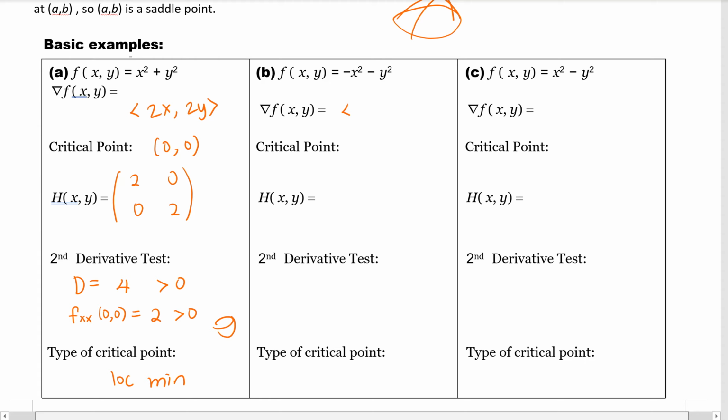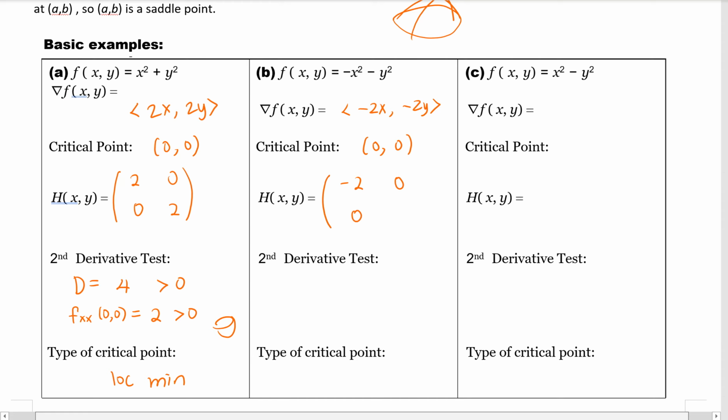Minus x squared minus y squared. What is the gradient? Well, we have minus 2x, the derivative with respect to y, minus 2y, and set this equal to 0. That will give us x is 0 and y is 0. So what is the Hessian? The derivative of negative 2x with respect to x is negative 2. With respect to y is 0. And this is 0 as well.